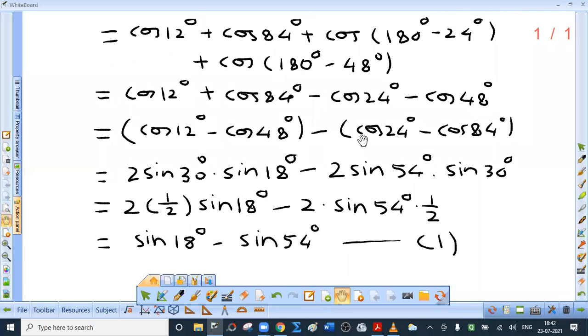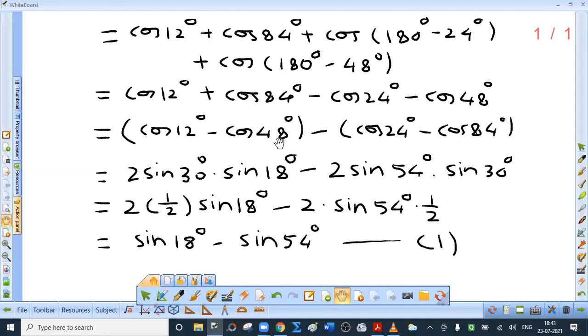Now why arrange in this fashion only? What is cos A minus cos B? 2 sine of (A plus B) upon 2. 48 plus 12, 60 upon 2, 30. Yes, we know sine 30 degree is half. Into sine of, not A minus B, B minus A, because I haven't written minus.